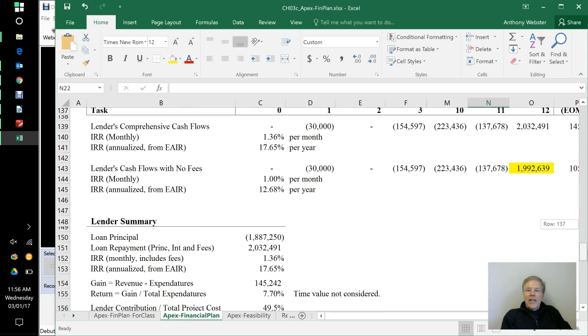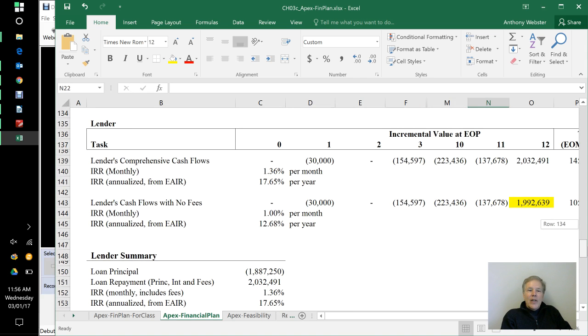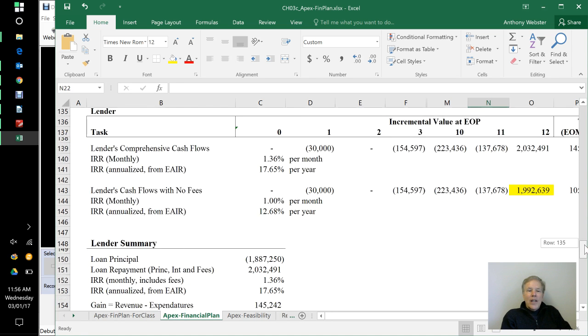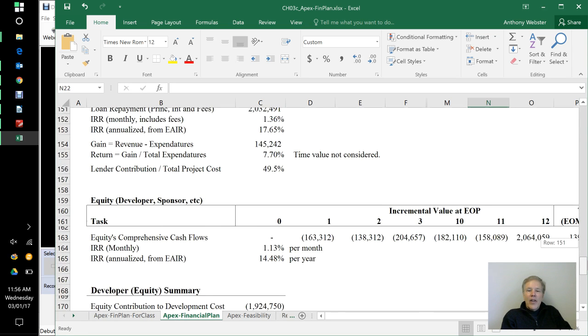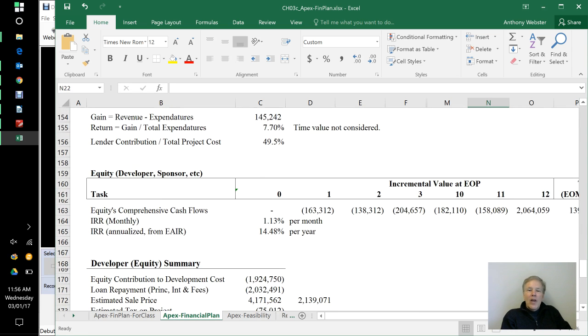And then down here, we computed the IRR for the lender, and using comprehensive cash flows, we did the same thing for CAG, and we found that their IRR was 1.13% per month.